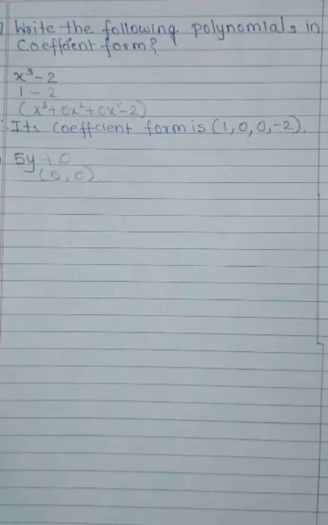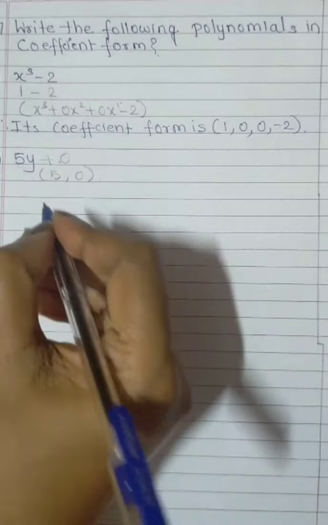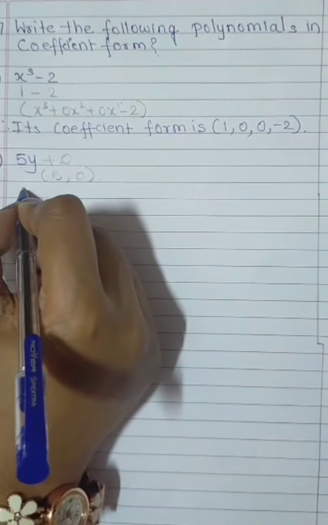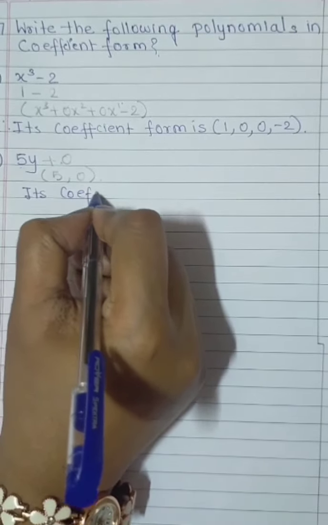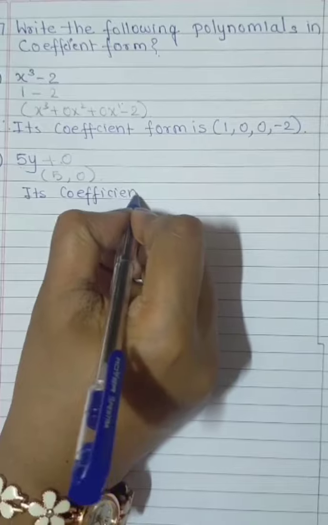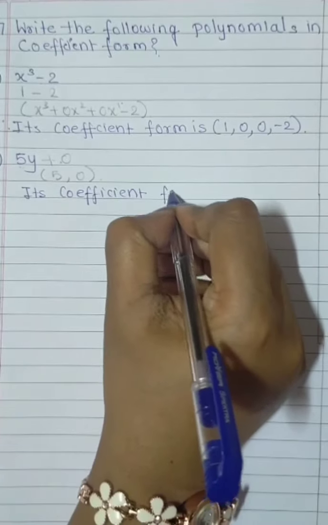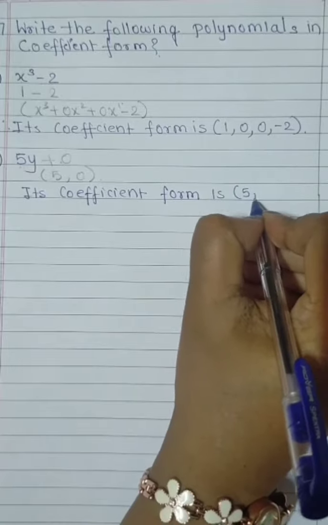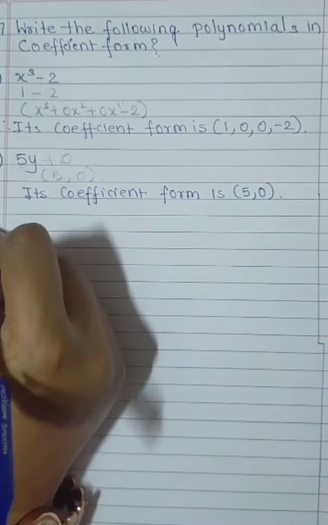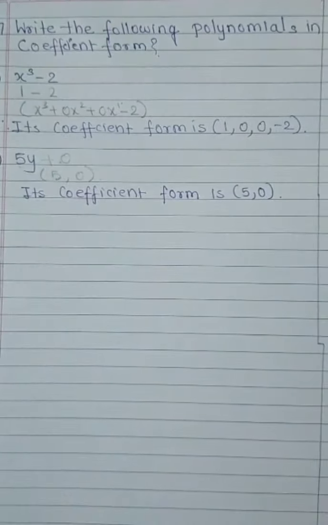So I'm writing its coefficient form as 5 and 0.